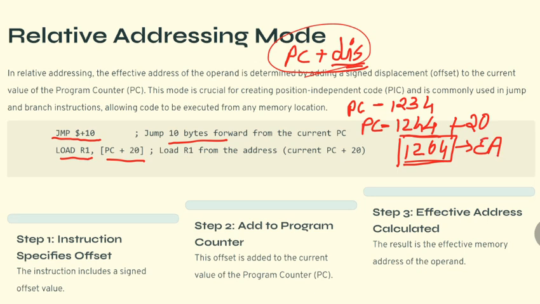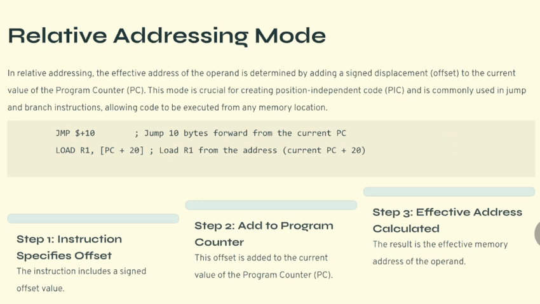I told you earlier as well, the effective address is the actual address of your operand. So at this location 1264, whatever operand you get is loaded into register R1. So this is your relative addressing mode.